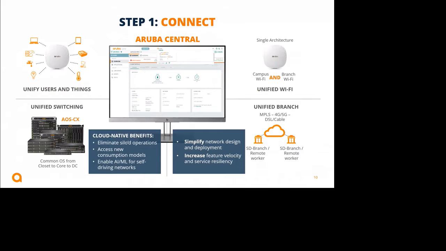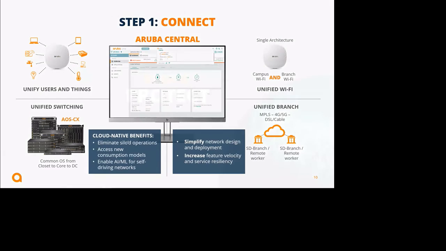Another benefit is the resiliency and the massive scale-out compute power from the cloud. This scale-out compute power enables us to incorporate artificial intelligence and machine learning components in our management tooling. So this is a summarization of the connect layer.